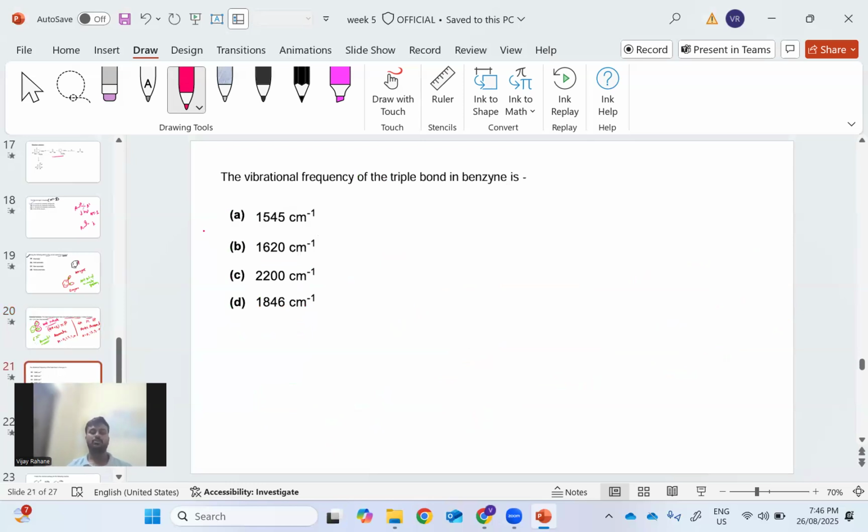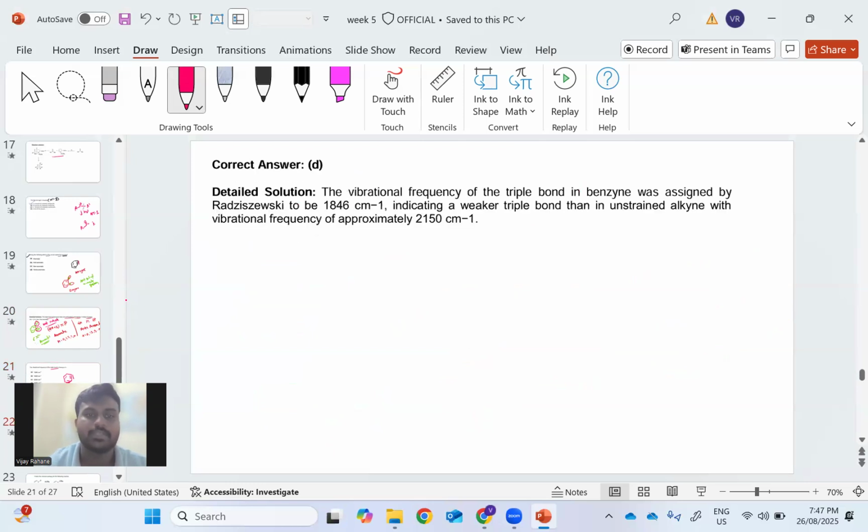The next question is about the benzyne intermediate. The vibrational frequency for this triple bond of the benzyne intermediate, what will it be? So this is the benzyne intermediate, and what will be the vibrational frequency for this one? The answer is that the vibrational frequency of the triple bond in the benzyne intermediate was assigned by Radziszewski to be 1846 centimeter inverse.